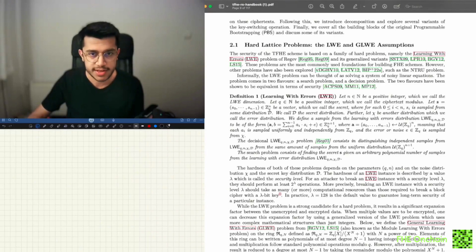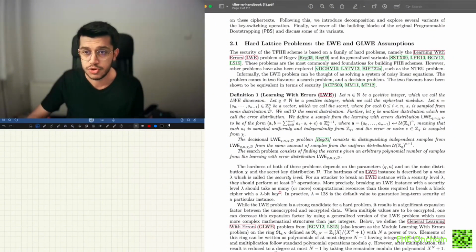We have a vector s. Each element comes from the ZQ set, and this vector will be an element of the vector space ZQ^n. We're going to call it a secret, or secret key, practically. We're going to sample all these s_i from a distribution D, so they're randomly sampled, and we call it the secret distribution.